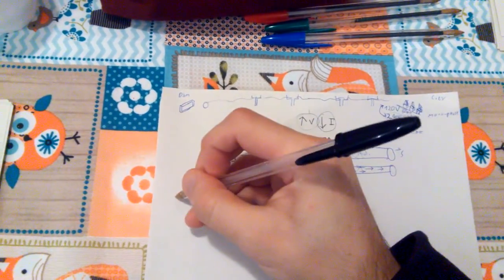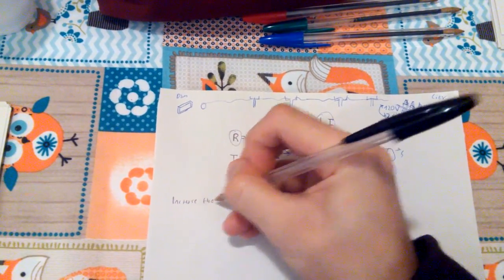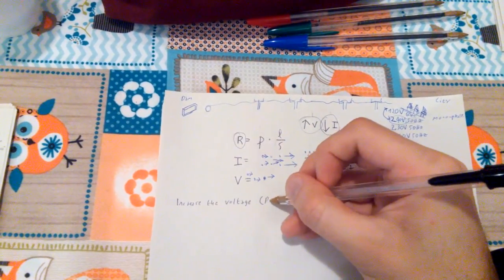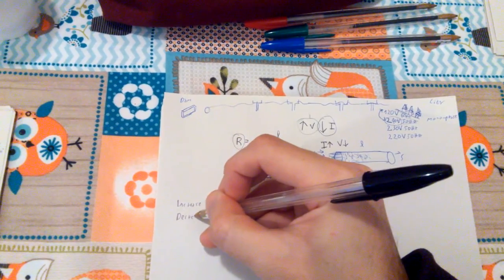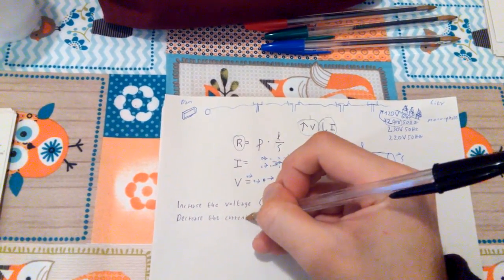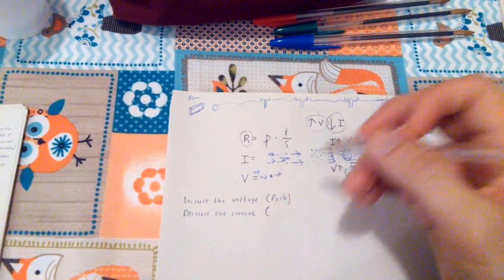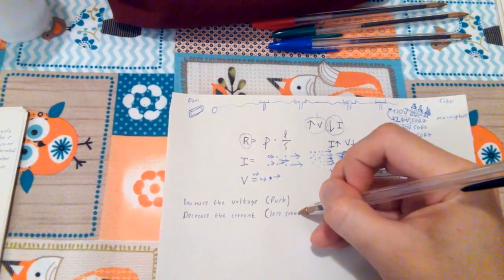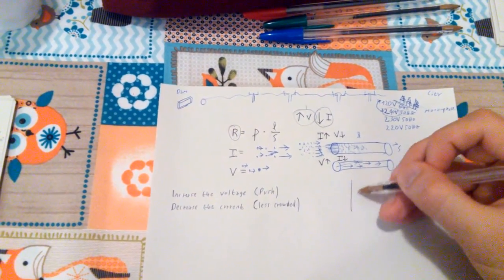We increase the voltage, so you can think about this as the push, and we decrease the current. And you can think about the current as like less crowded. So you can think about the wire as a highway.